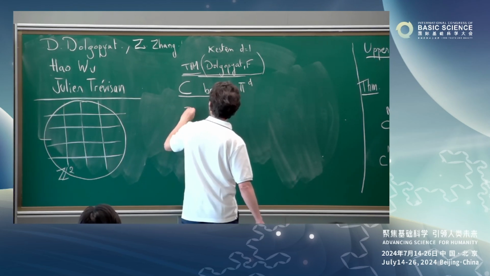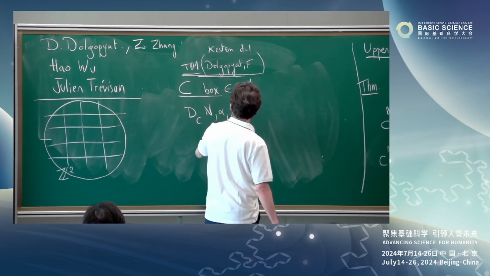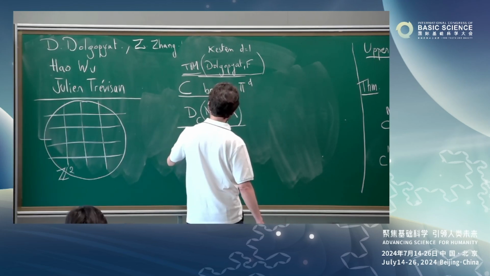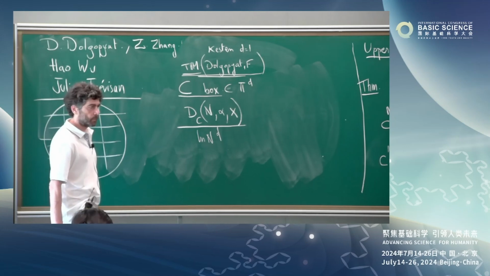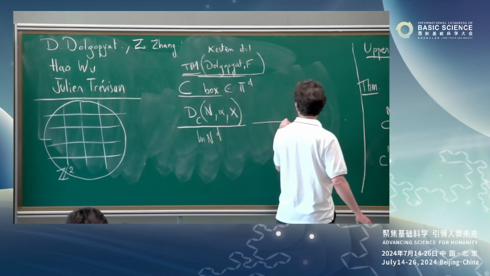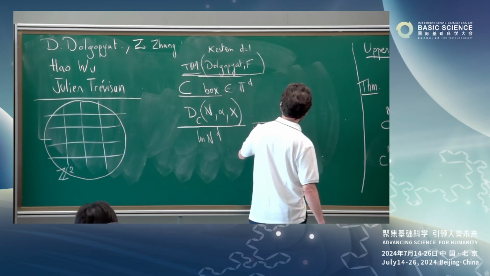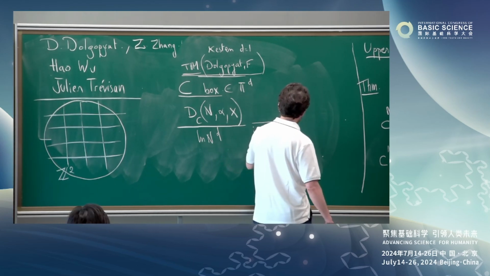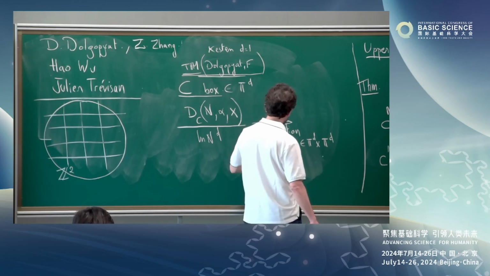Then D_C(n, alpha, x) divided by (log n)^d converges in distribution when (alpha, x) in T^d cross T^d are random.